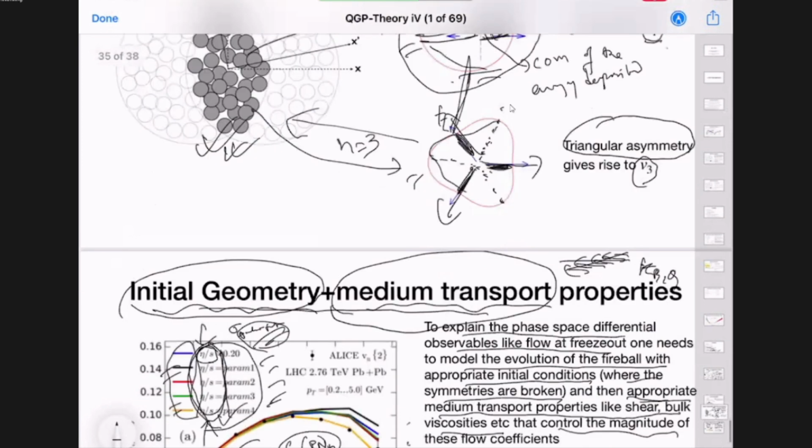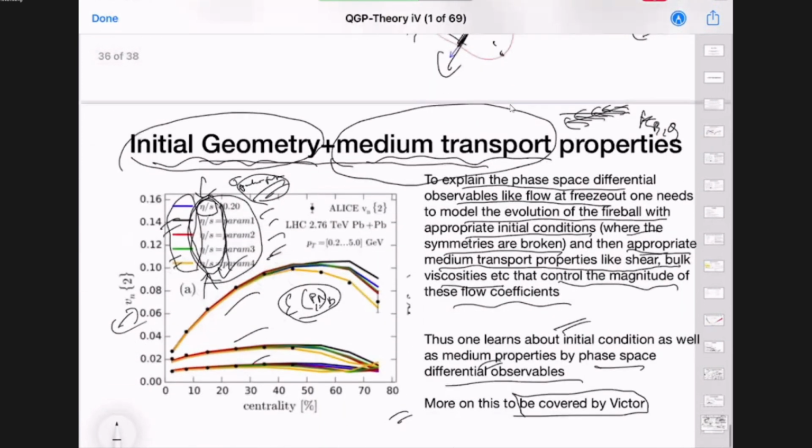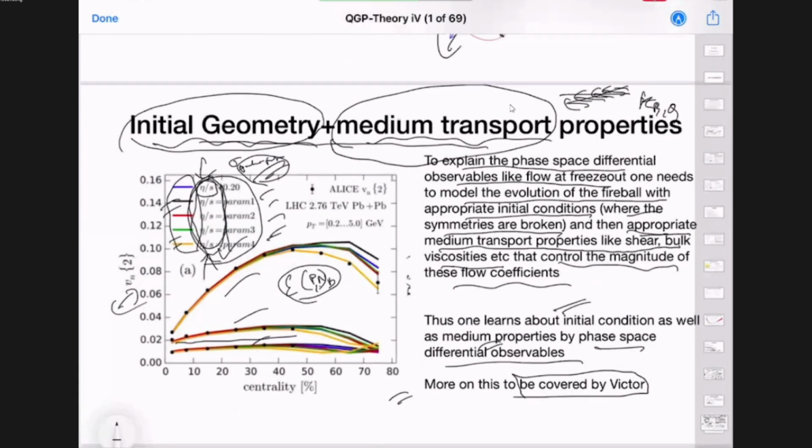Yeah, so this can indeed be seen from the centrality dependence. Here you have the largest fireball size, and then progressively it becomes smaller and smaller. On this scale it is dominated by V2, so we are unable to see this nicely.